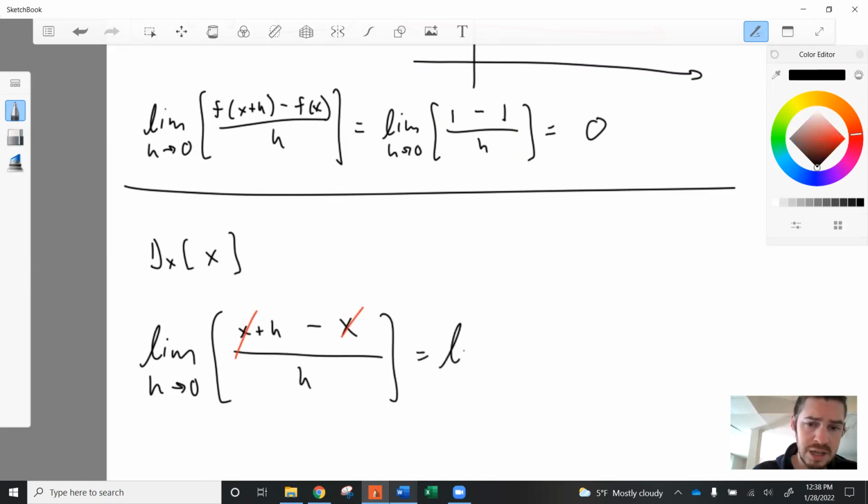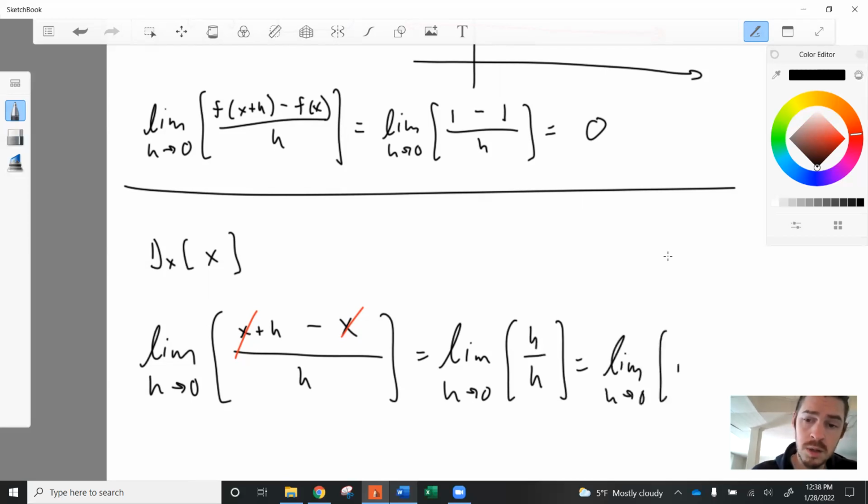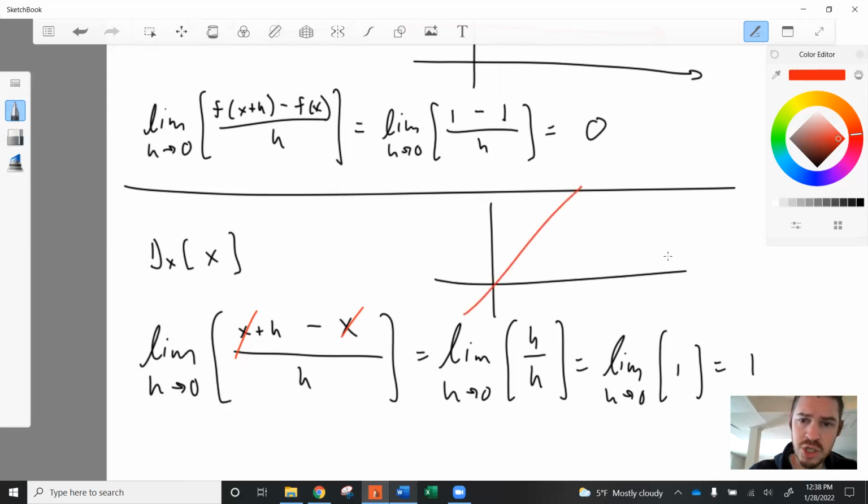So we have the limit as h approaches 0 of h over h, which is just the limit of 1, which is 1. On a graph, the function does this. That's the y equals x function, and you'll see that slope is always 1. So this equals 1.